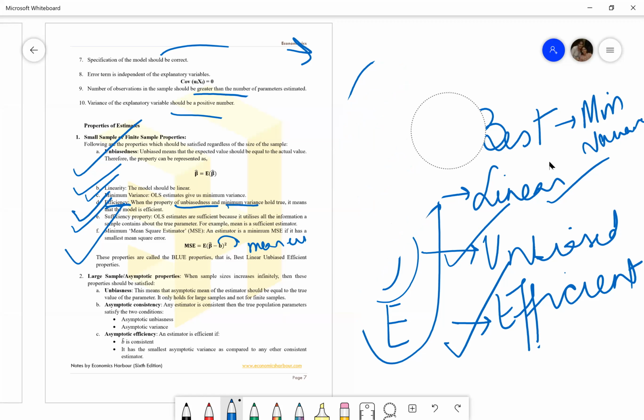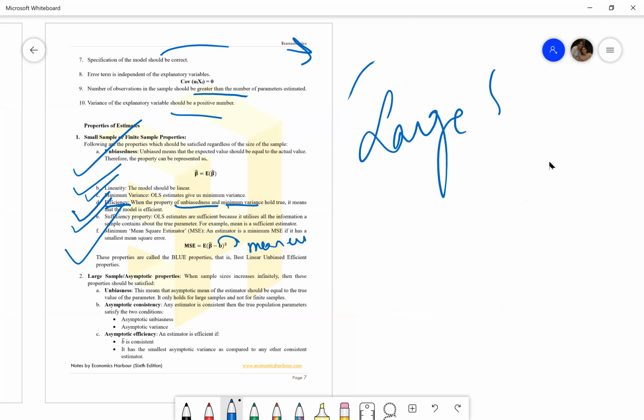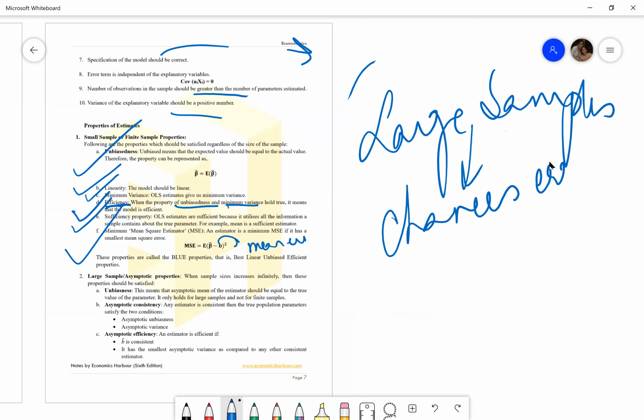So this was the case of small samples. What about large samples? Whenever you are trying to increase your sample size, do the chances of errors increase or decrease? Increase.